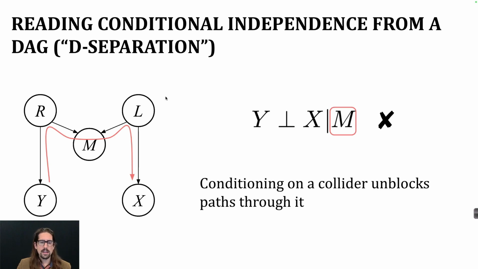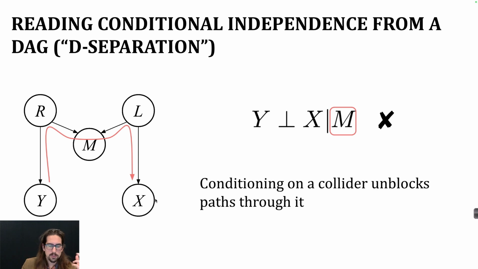And intuitively, the result is this, right? If I don't know what m is, knowing y doesn't tell me anything about x, because if you think about the factorization, R is determining the values of y, and the values of m are being determined by both R and L, and the values of x are being determined by L. So if I don't know m, there's nothing that y can tell me about x.